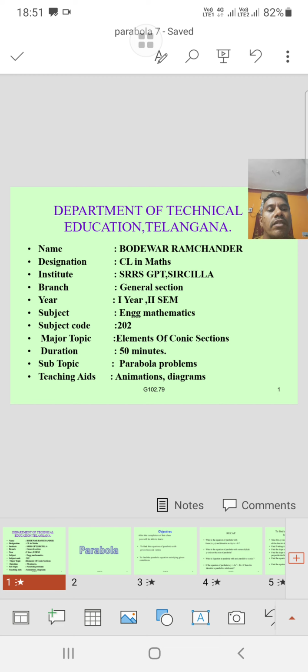If different data is given, then how to solve the problems or how to find the equations of the parabola, we will discuss. So let us see.